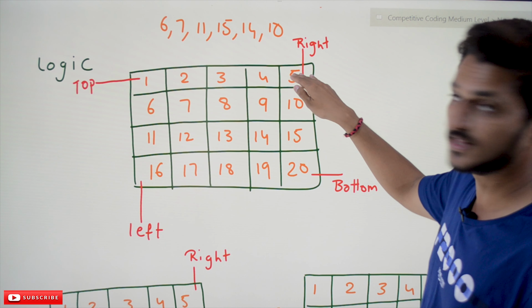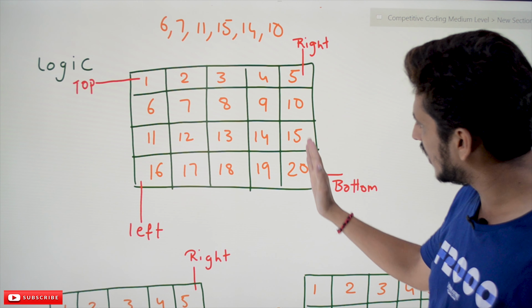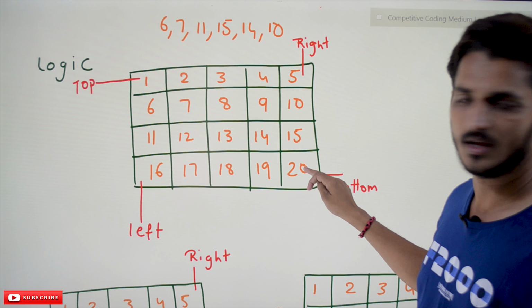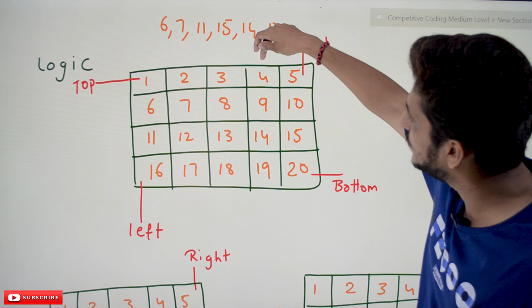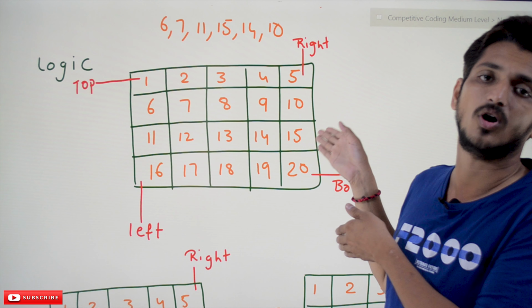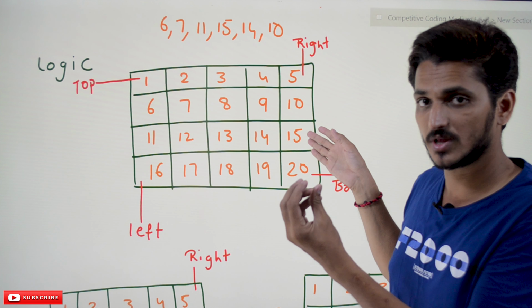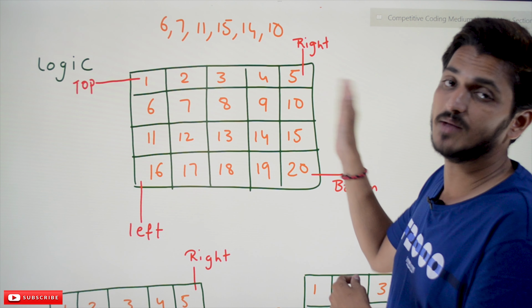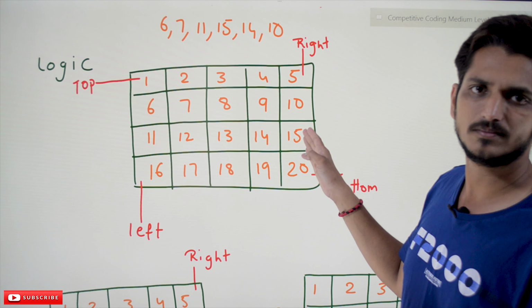After displaying this line, what's the next line you have to display? You have to display 10, 15, 20. Now right has to point to the previous column. Initially right is pointing to the last column: if m is the number of lines and n is the number of columns, the n minus 1th column.